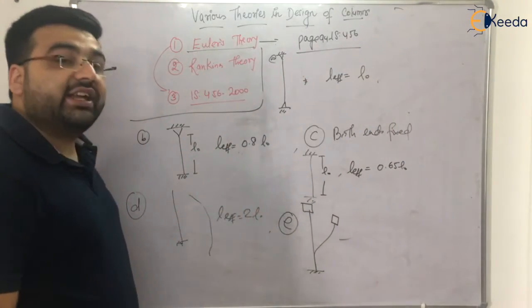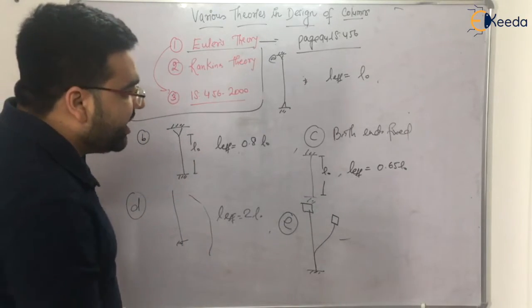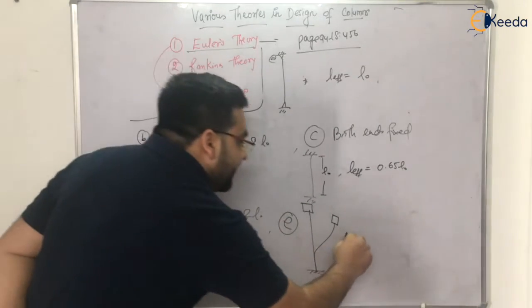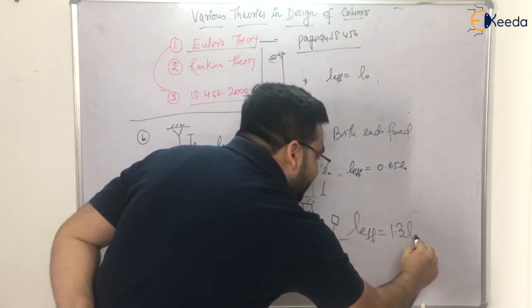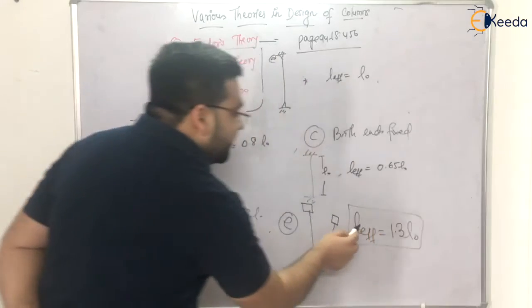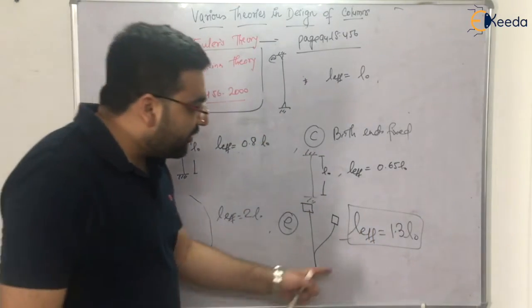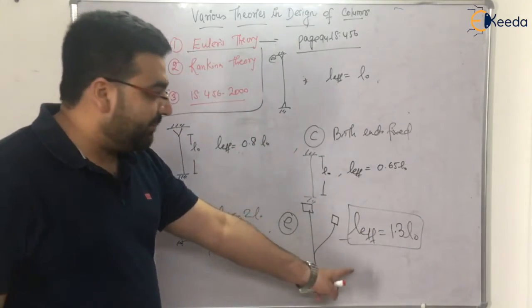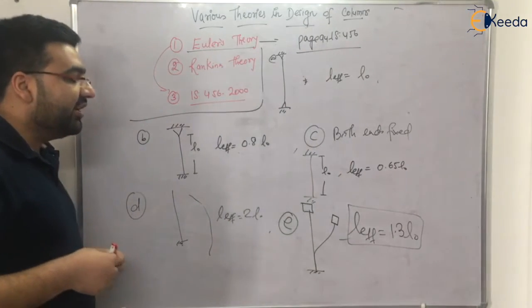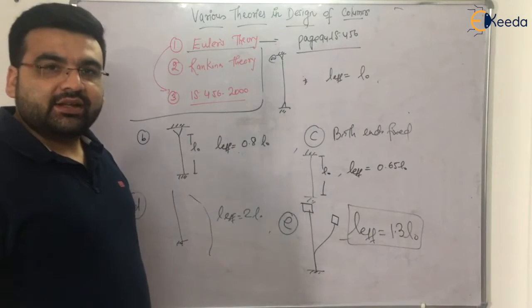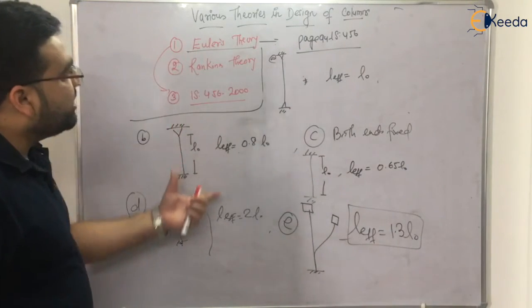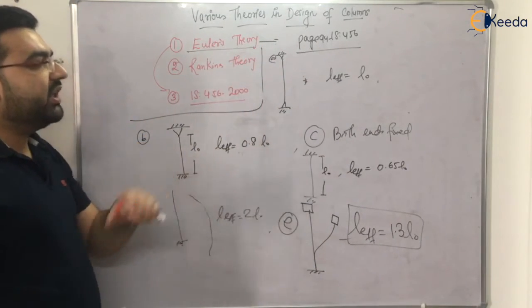Euler's theory does not say anything. But in the IS code recommendation, the recommended value for L effective length is 1.3 L naught. This is important because this has not been asked till now. But a lot of students surely make mistakes, because either they may not know what this case is, or they will just leave this question. Clear? So I hope you have understood what the recommendations are as per Euler's theory.